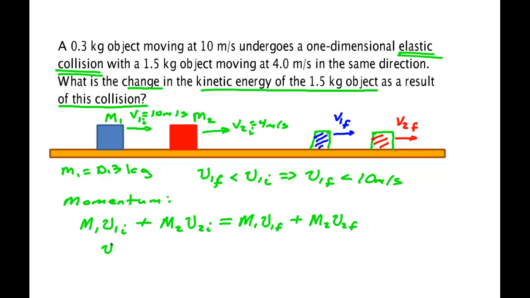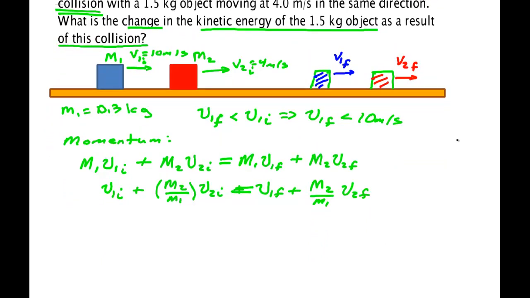If I do that, I get V1 initial plus M2 over M1 V2I equals V1F plus M2 over M1 V2F. The nice thing about doing that in this particular problem is that M2 divided by M1 happens to be a nice integer: 1.5 kilograms divided by 0.3 kilograms happens to be 5.